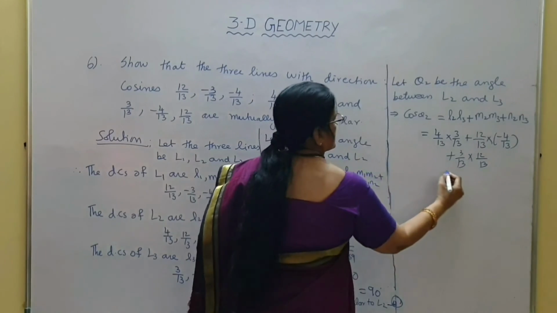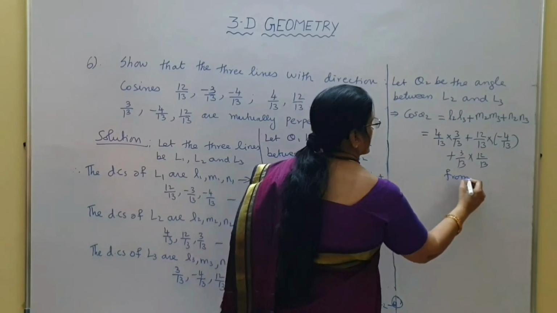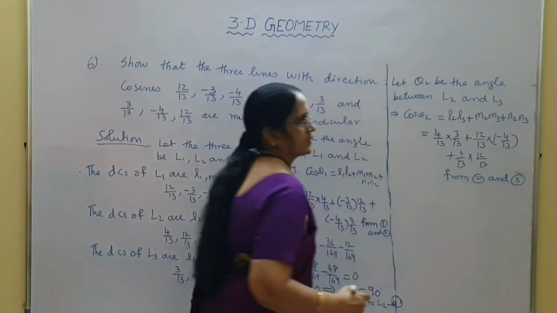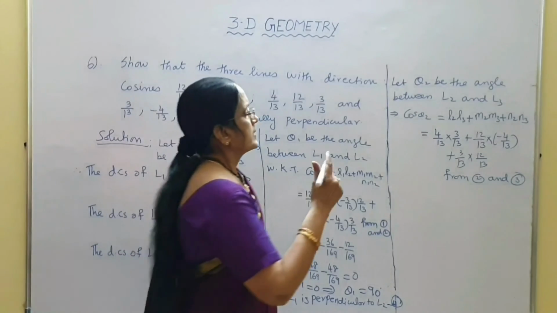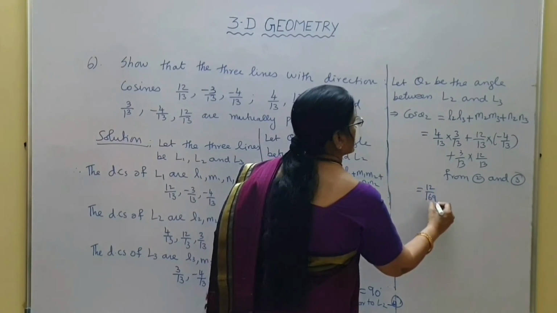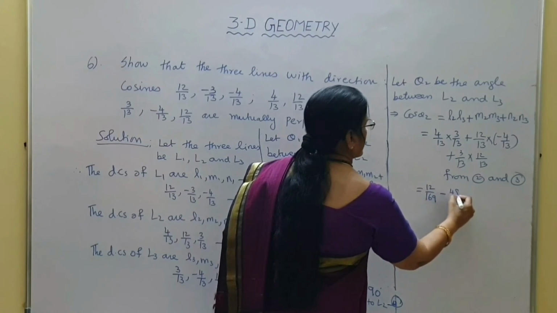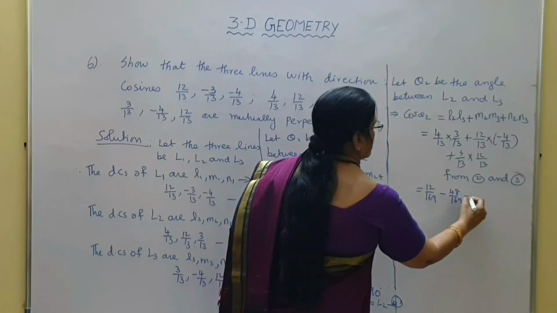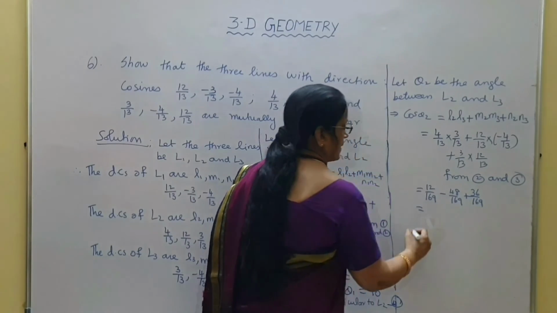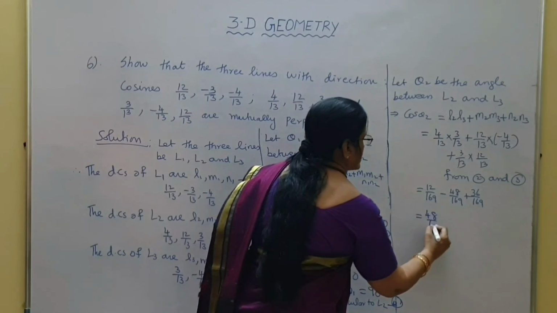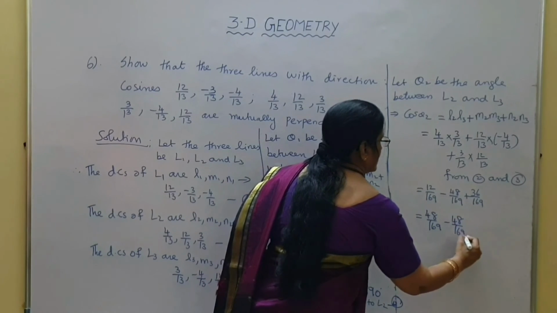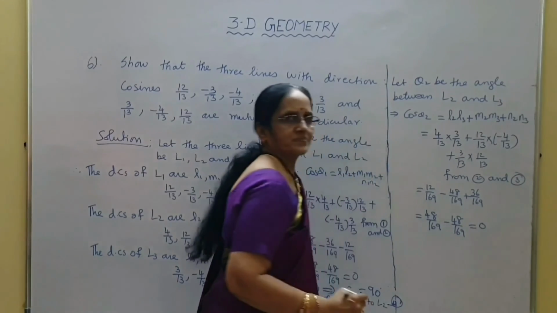Okay, this you write here from 2 and 3, only for better understanding. So this will give you 12 by 169 minus 48 by 169 plus 36 by 169, which is nothing but 48 by 169 minus 48 by 169, which is 0.